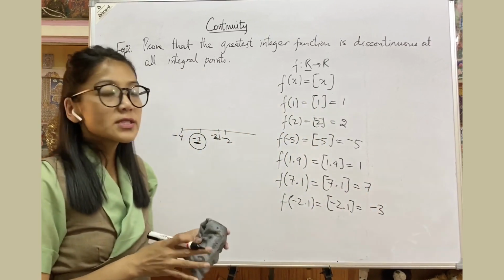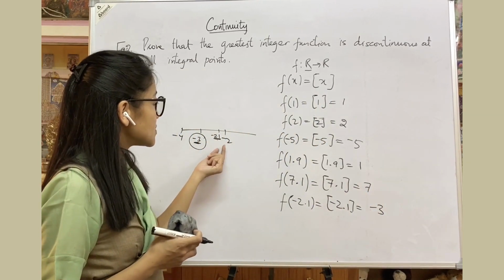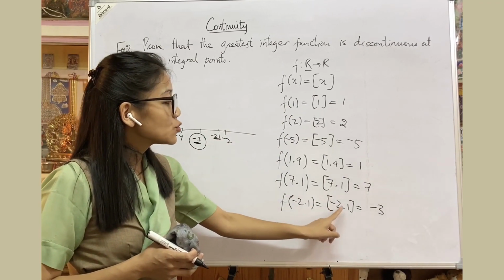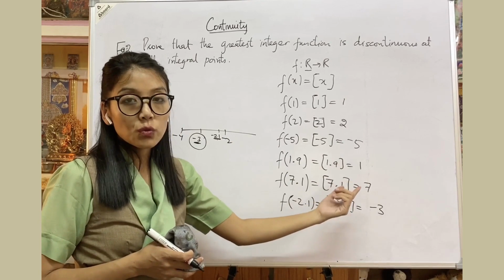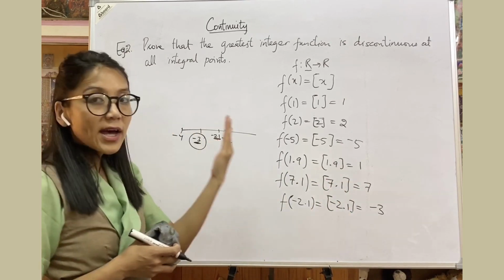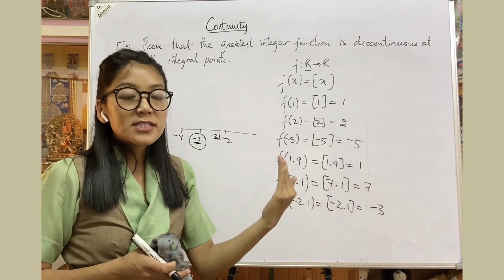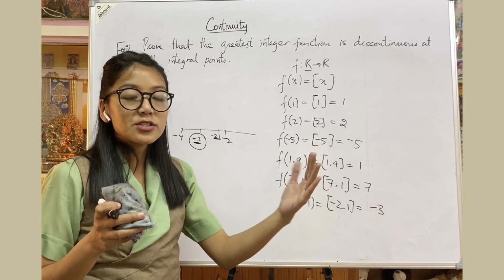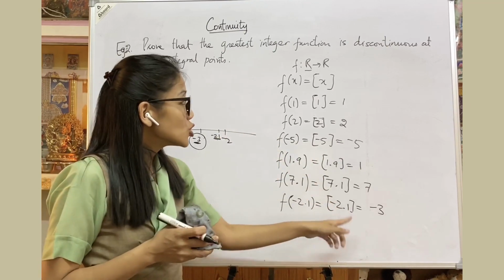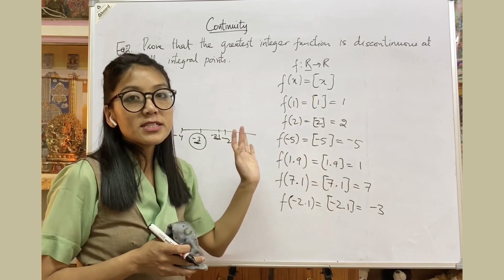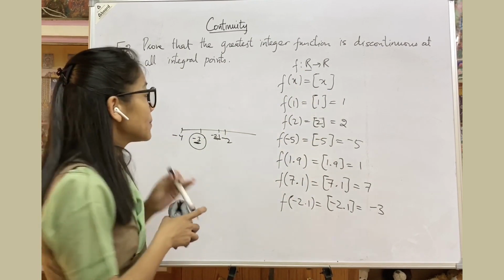Many students make this mistake: they choose negative 2, which is greater than negative 2.1. You have to find the integers smaller than the number itself, and out of all these, choose the greatest one, which we call the greatest integer function.